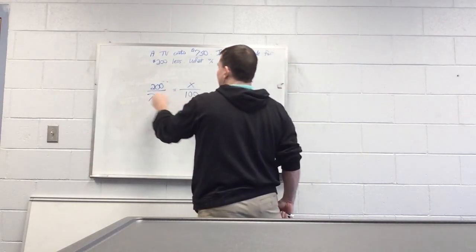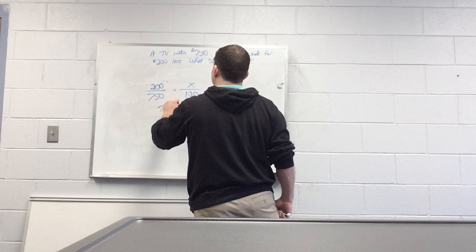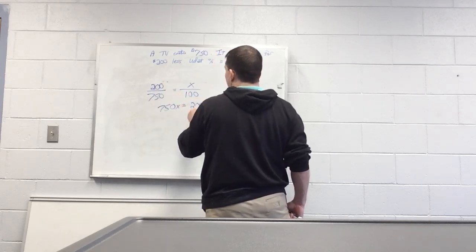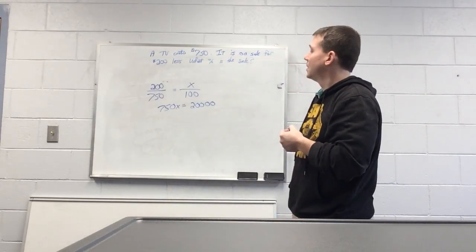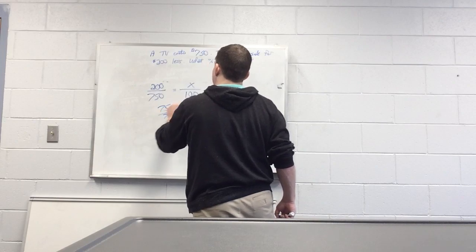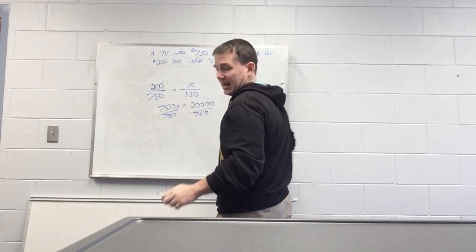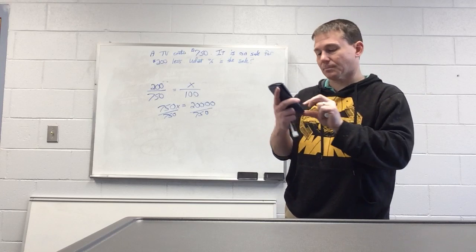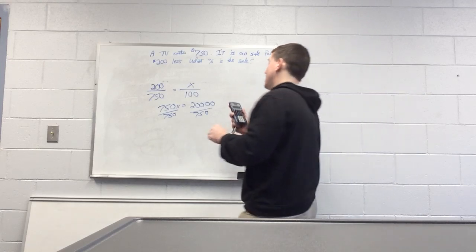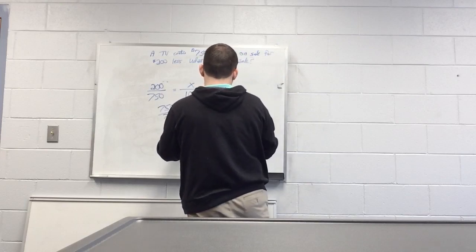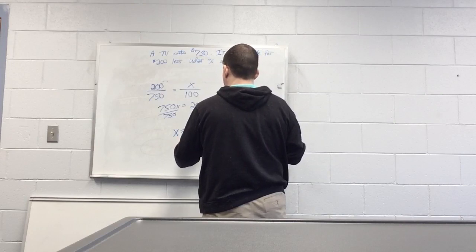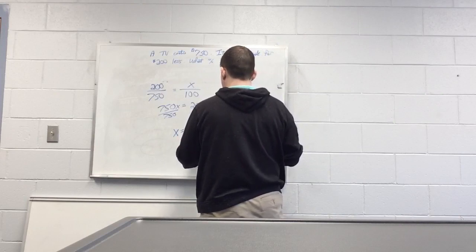Now I cross multiply: 750 times X is 750X. 200 times 100 is 20,000. Now divide by 750. And I get X equals 26.666, etc., which is 26.7%, we'll say.